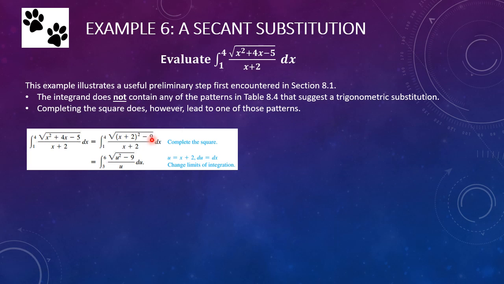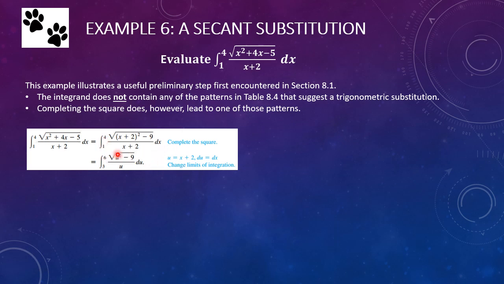If we do a substitution with u equals x plus 2, notice that our integral changes now, and our du is dx. And notice we've also changed the limits of integration. In this case, it's really quite easy to change them. If x equals 4, then of course u equals 6.